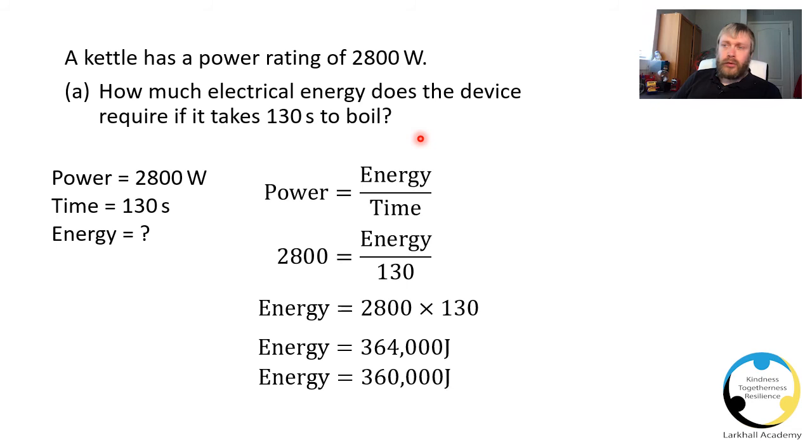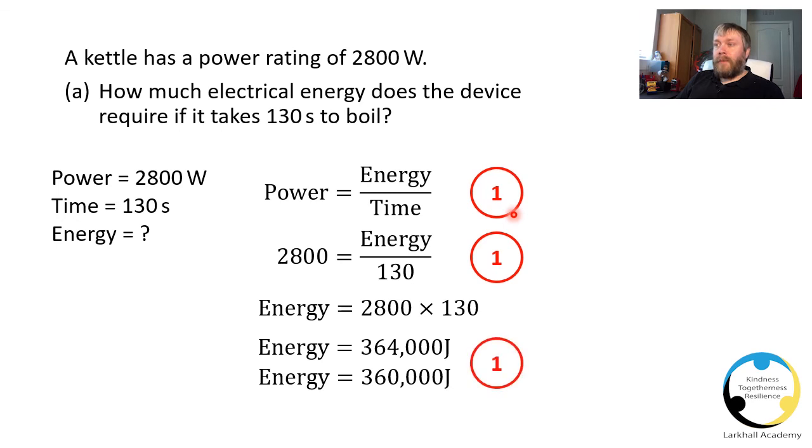Let's have a quick look at the marks though, because if you didn't do that final step, don't worry too much about that in this question here. So the first mark obviously is for our equation. We've written down our equation, we get our first mark. Second mark here for substituting in our numbers, getting them in the right place. We've then rearranged the equation. We don't get a mark for that, but it's an important step. And then of course we get a mark for our final answer, including our units.